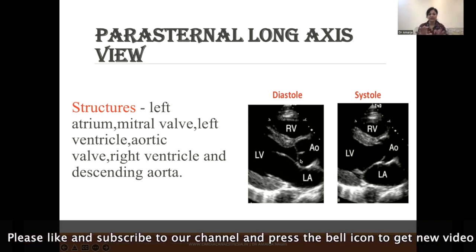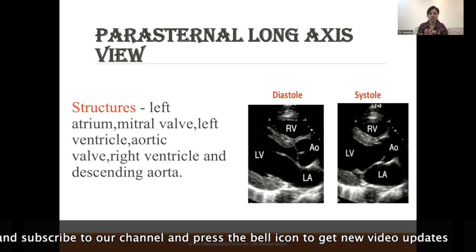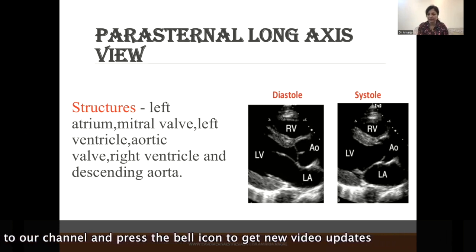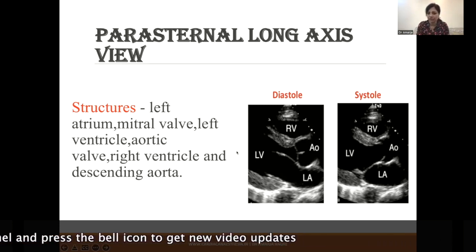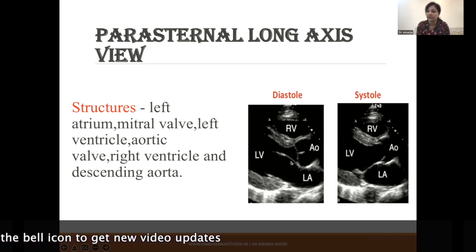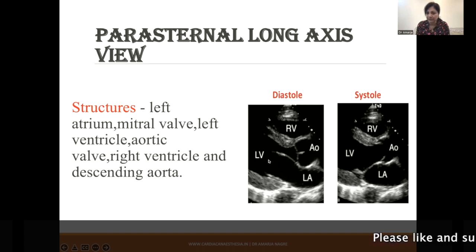Now, ECG is always connected to know which phase of the cardiac cycle we are interrogating in echocardiography. But if you don't have ECG, this is the way: we have to see the left side of the heart and see the mitral valve. If it is open, it has to be diastole, because the mitral valve opens in diastole and the LV fills in diastole.